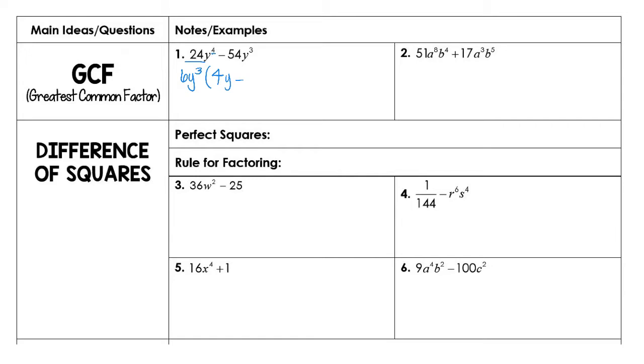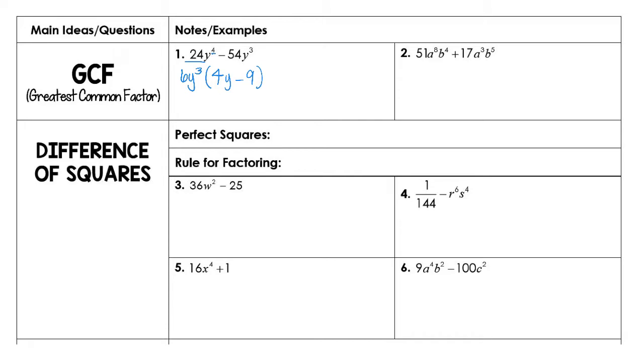And let's see, 54 divided by 6, most days that is 9. And then subtract your exponent, so 3 minus 3 is 0, so all my y's are gone for that term. And for this one, inside the parentheses, you do look to see if it'll factor again, but here it will not. So you are finished.